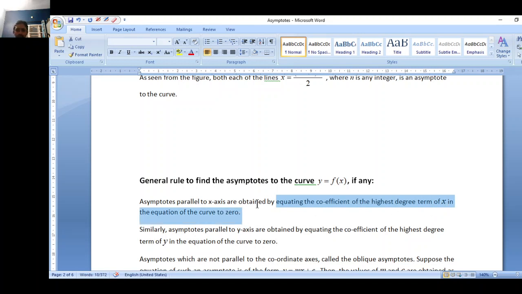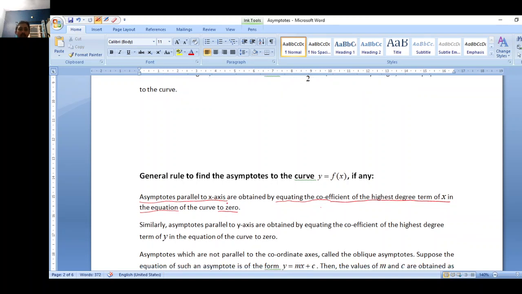What do you mean by this? We'll probably understand the meaning of this based on a few problems. Right now I'm going to highlight this part. We have to equate the coefficient of the highest degree term of x in the equation to 0, and that will give me asymptotes parallel to the x-axis.